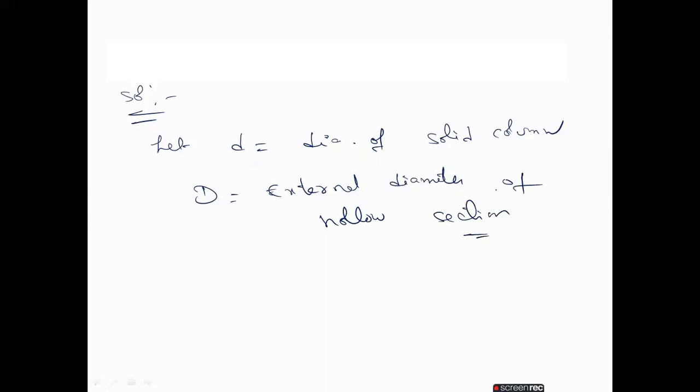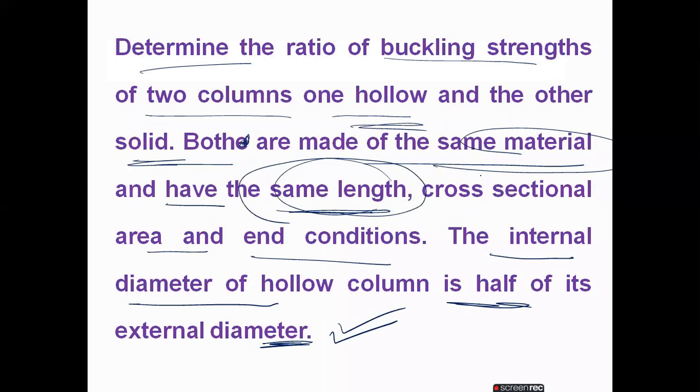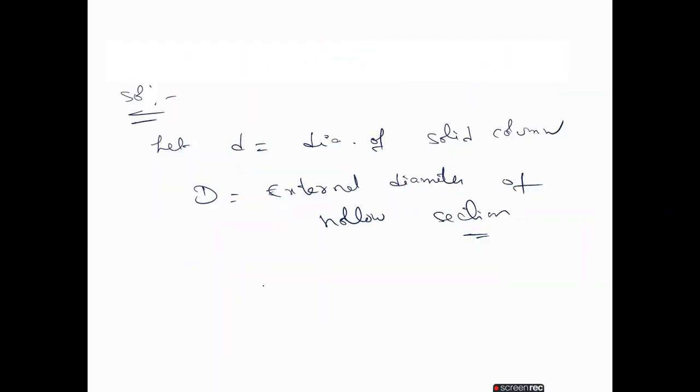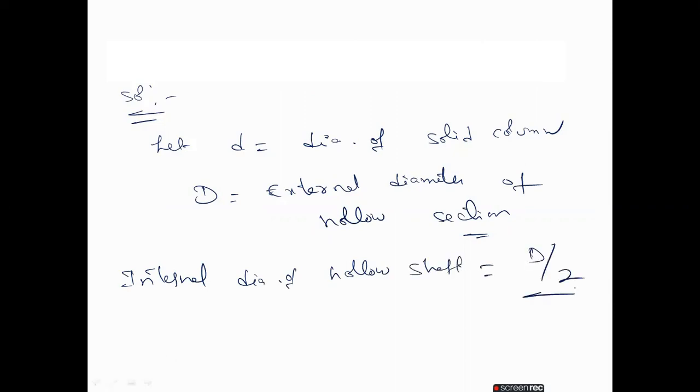There is a condition here: the internal diameter of the hollow column is half of the external diameter. So the internal diameter of the hollow shaft is nothing but capital D by 2. Here capital D is the external diameter.